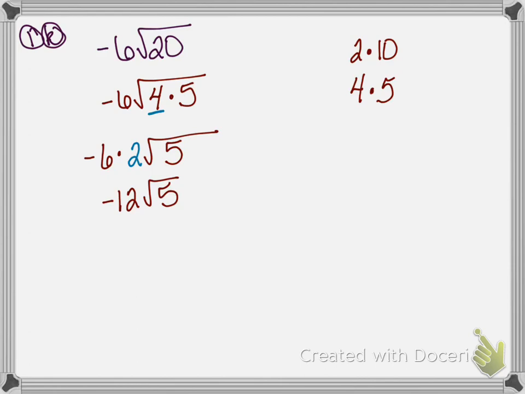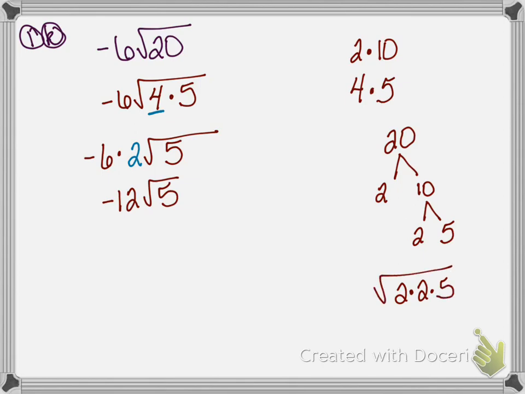Now if you were not able to see that 4 times 5 is 20, you can always do the prime factorization. So I have 20. 20 breaks down to 2 and 10, and 10 breaks down to 2 and 5. So I have 2 times 2 times 5.